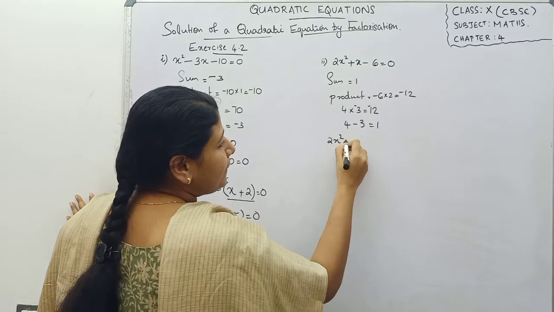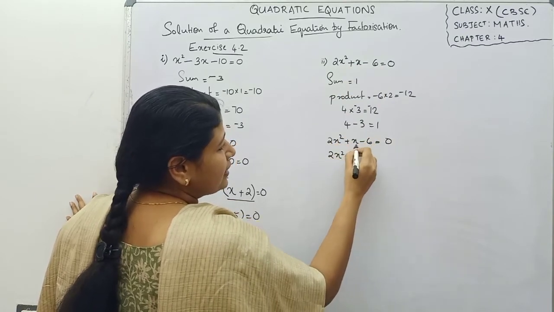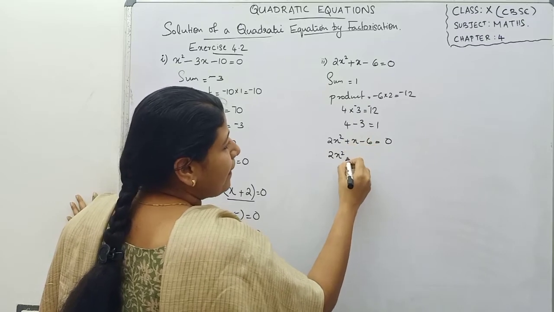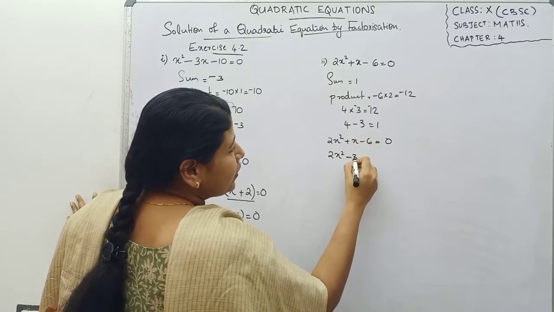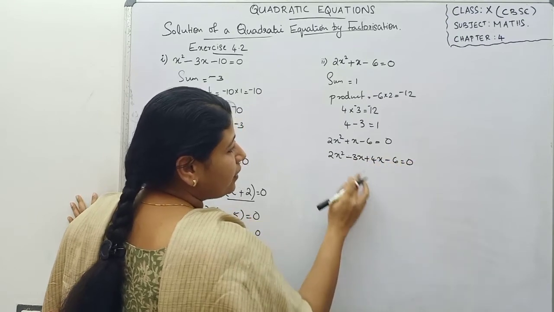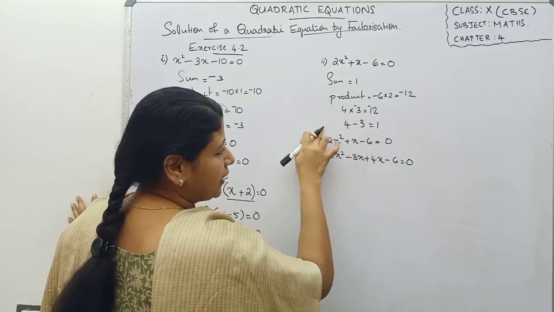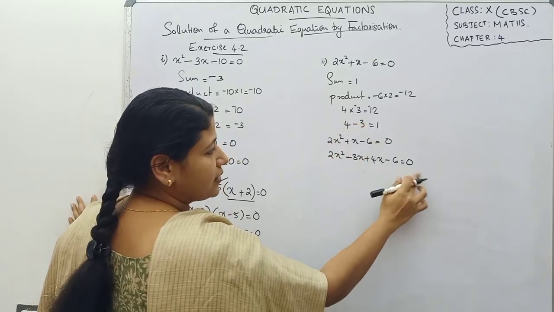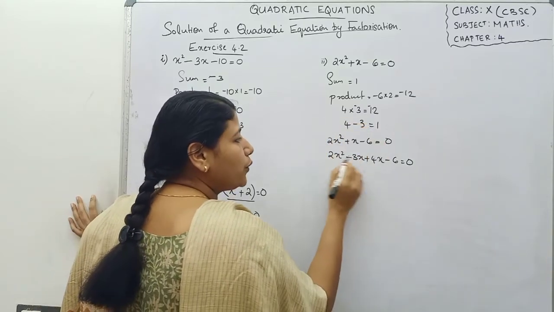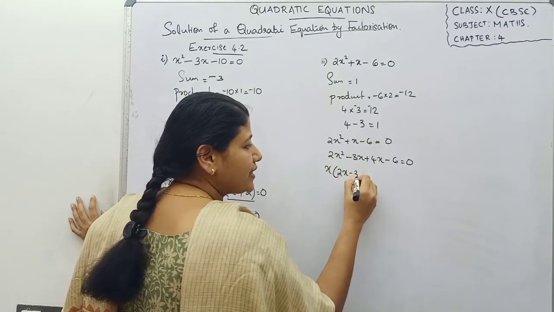Okay. Now we can split the middle term. 2x square plus x minus 6 equal to 0 as 2x square, this x can be written like this, minus 3x plus 4x minus 6 equal to 0. Minus 3x plus 4x, I took just like this in the opposite direction. Since I want to take this x outside, we can write x into 2x minus 3.